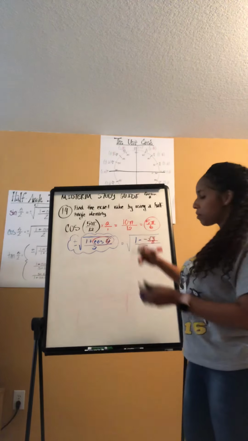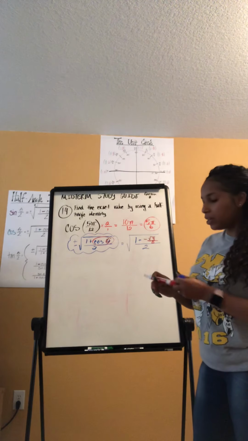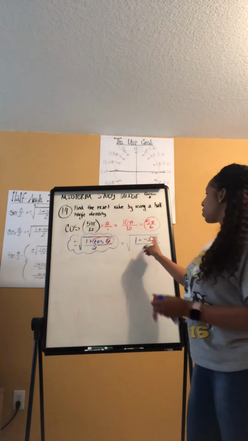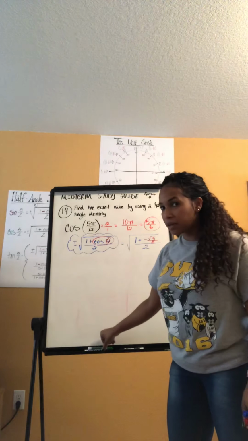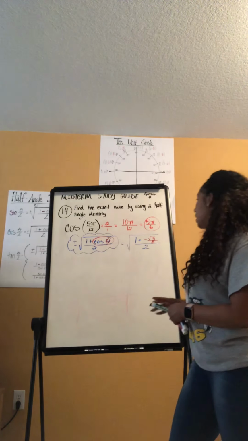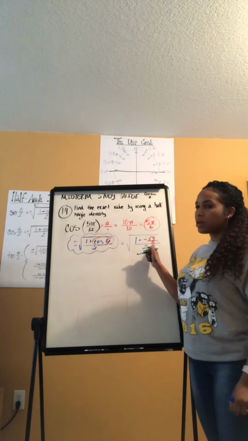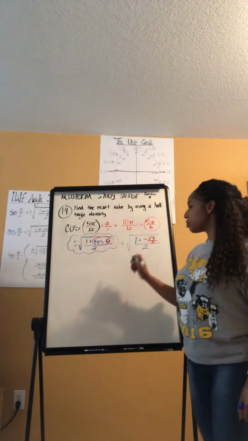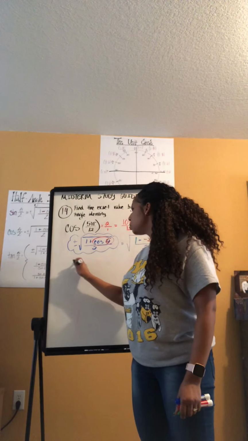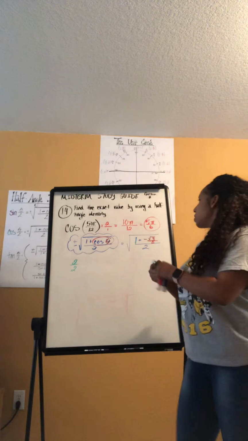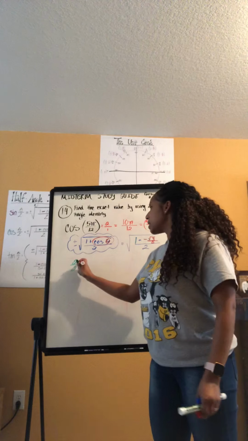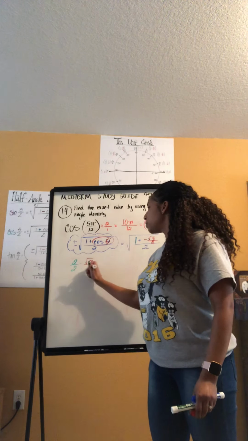All right, so if you watched the last video, you would remember that when I'm trying to add fractions and I don't have a calculator, then I want to make the numerator and denominator the same as the denominator of my other fraction, which was a 2. So I'm going to change my 1 into a 2 over 2. So I have 2 over 2 minus the square root of 3 over 2.